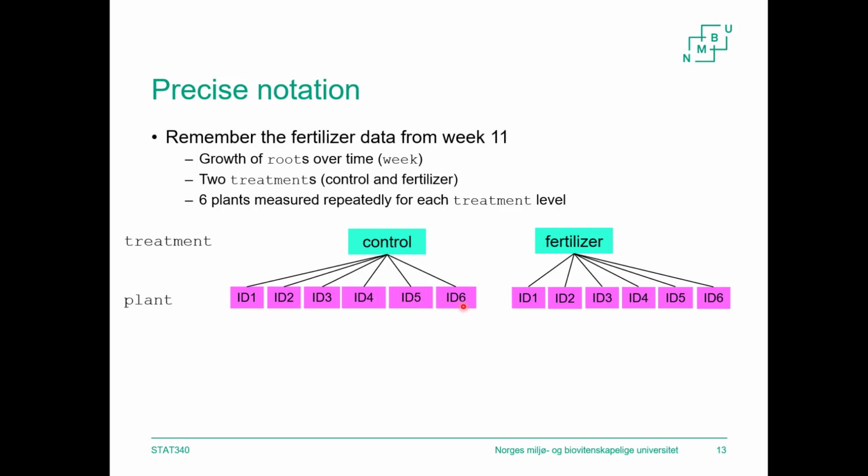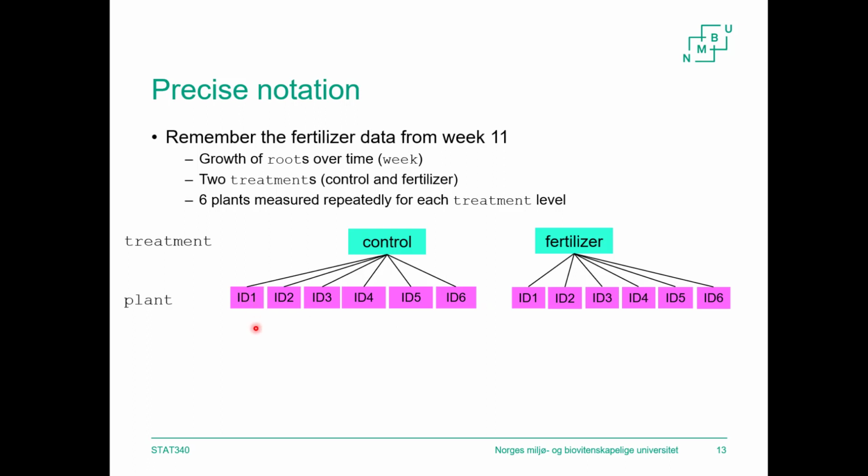And then, of course, if you don't tell the data analysis person that this is nested, it looks like the same plant here has been grown under control, and then the same plant has been grown again under fertilizer. But it's not, right? These two are not the same plants. ID1 over here and ID1 over here are 2 different plants.